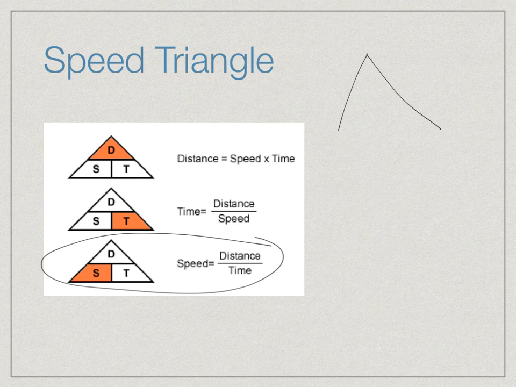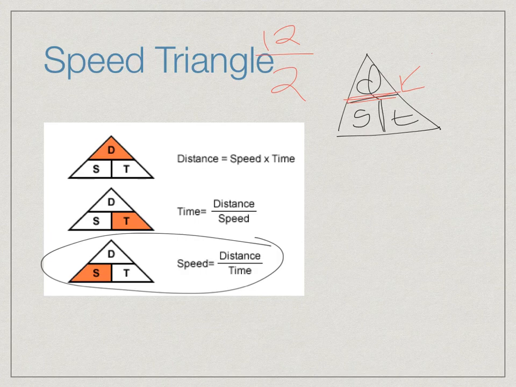The triangle starts out at the very top with distance. Distance is the one at the very top. And then we have speed and time side by side. So if you think about distance on the top and this line right here, when we were writing it before, remember that last problem we had 12 divided by 2? This line here means divide. So that's how I like to think of it.